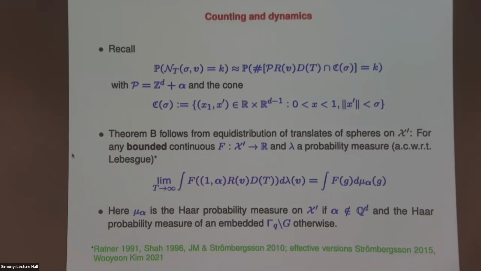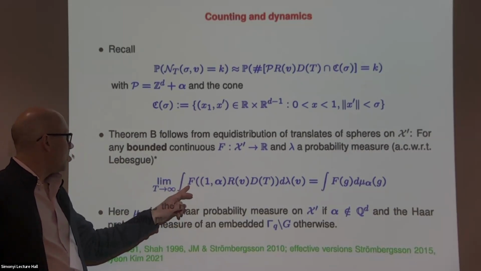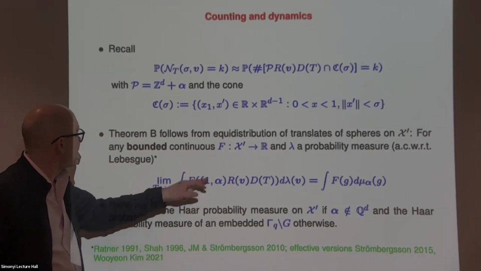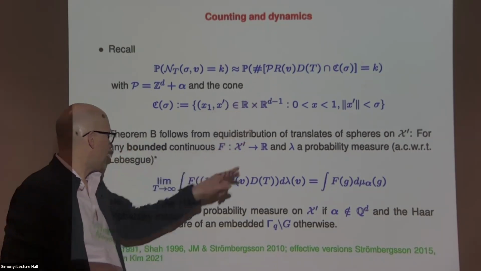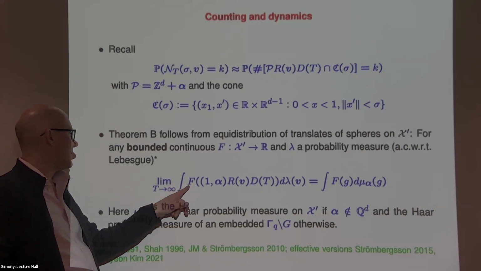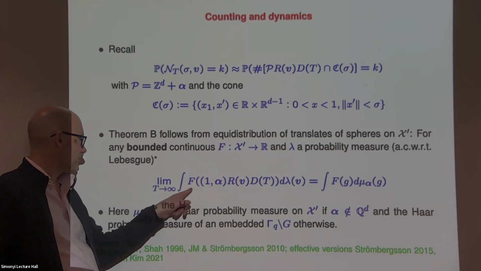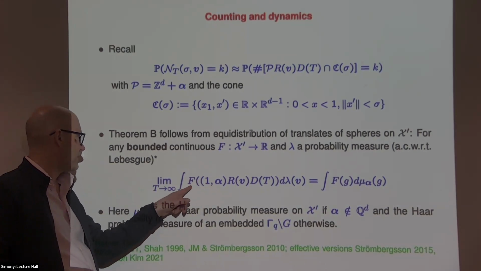So when you rotate and shift this thing, that can just be parametrized by working directly on X prime. Now, in order to go from such a statement to the convergence of this statement, you need to choose this test function f cleverly. Normally, one assumes it's bounded continuous in this kind of weak convergence.